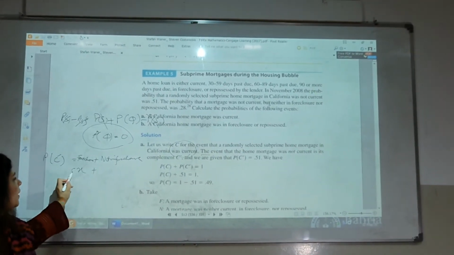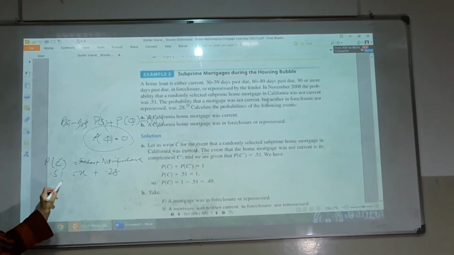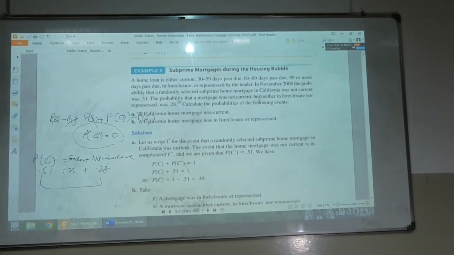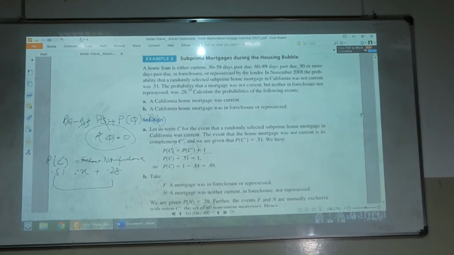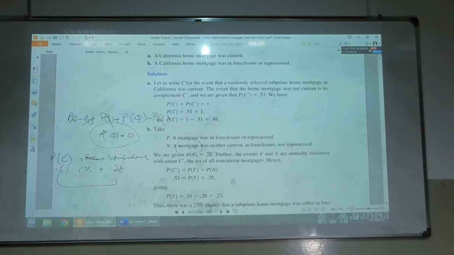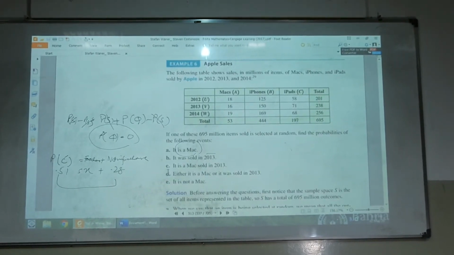So we would have an x and a value of 0.28, and the total is going to be 0.51. It's very simple. Just subtract 0.28 from 0.51. Let's just look at this. So yes, this is 0.51, 0.28, subtract and you get 0.23. A simple example in this case.